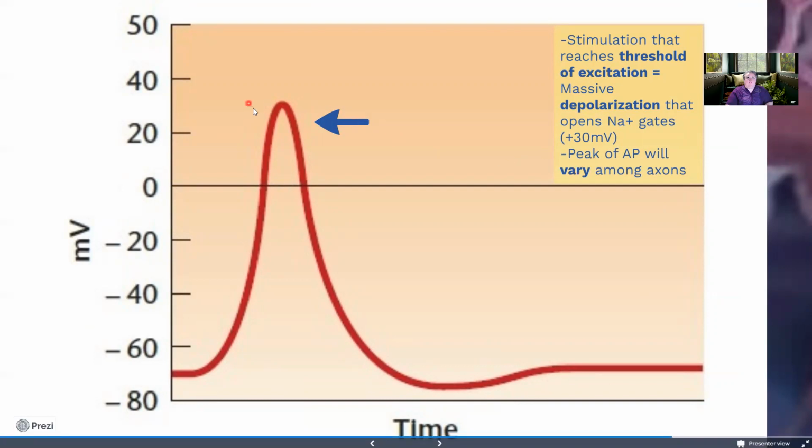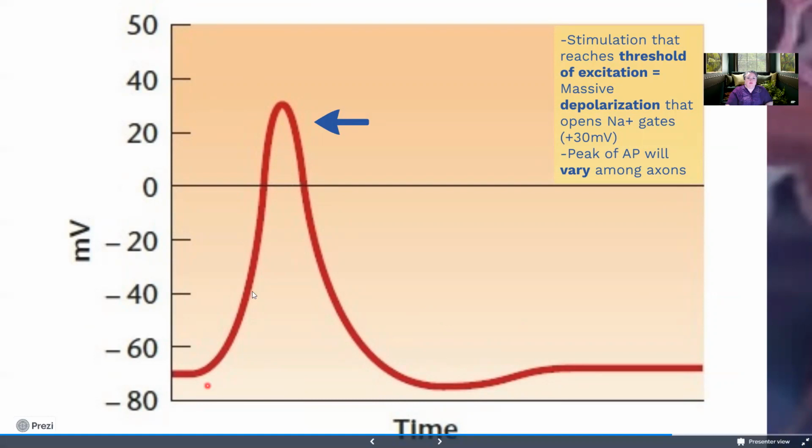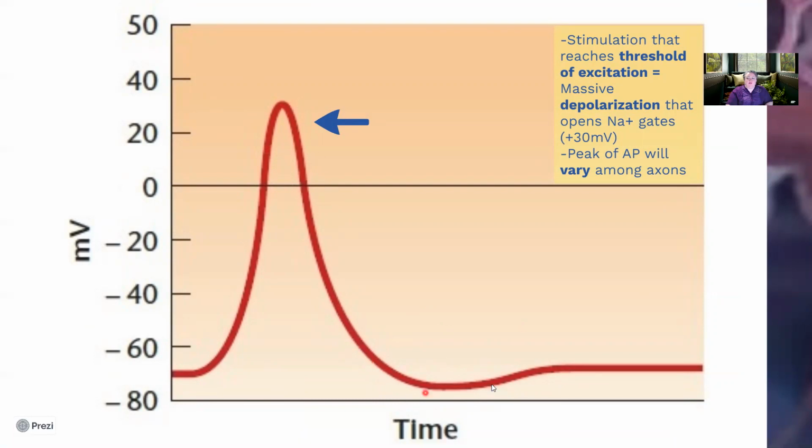And in this case, this electrical charge went up to a positive 30 millivolts, and then it kind of went back down. And we're going to talk about in the next slide this idea of a refractory period, and how there are differences in this line, because you can see how it even almost goes down to hyperpolarized, and then it sort of evens out again.